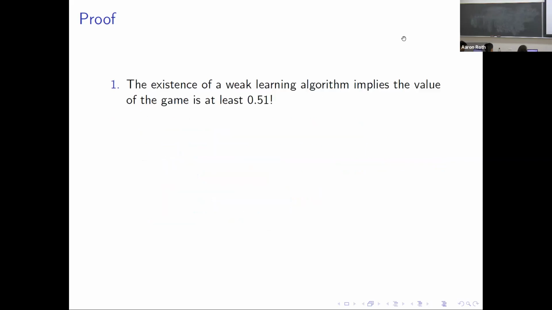Okay, so going through this exercise, I claim that the assumption that we have been given a weak learning algorithm, that there exists a weak learning algorithm, implies that the value of the game has to be at least 51%. Let's think about it. Let's imagine the data player goes first. The data player is the one who wants to minimize accuracy. So we're looking at the min-max value of the game.